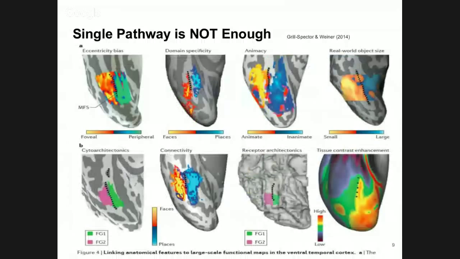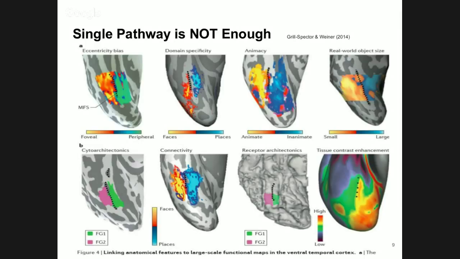Thanks. However, as you can see, no matter whether it is a convolutional neural network or traditional models like HMax, most of them have only one feed-forward processing pathway. However, more evidence suggests that a single object recognition pathway is not enough to account for what really happens in the inferior temporal cortex.